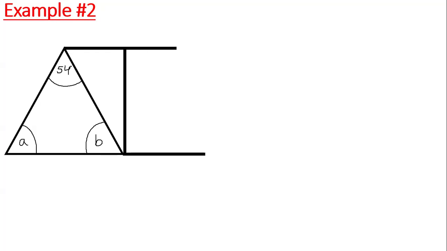All right, 54 degrees. We know that this was, what does the box indicate? 90 degrees, very good. And then we're gonna call this one in the middle here what? C.